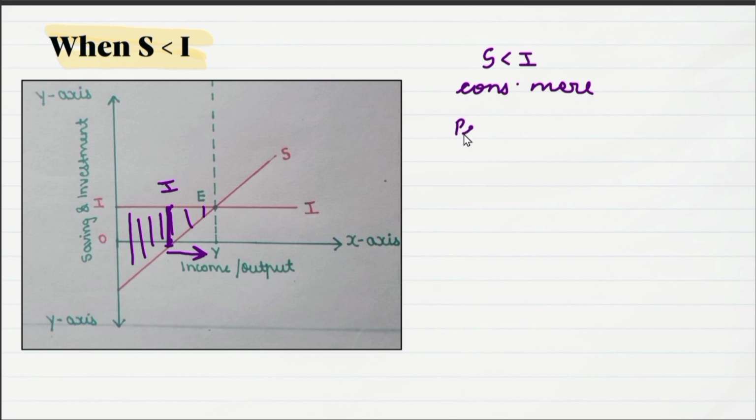As a result, planned inventory would fall below the desired level. To bring inventory back to the desired level, the firm would try to increase production, due to which income would increase to the 0Y level and S becomes equal to I.